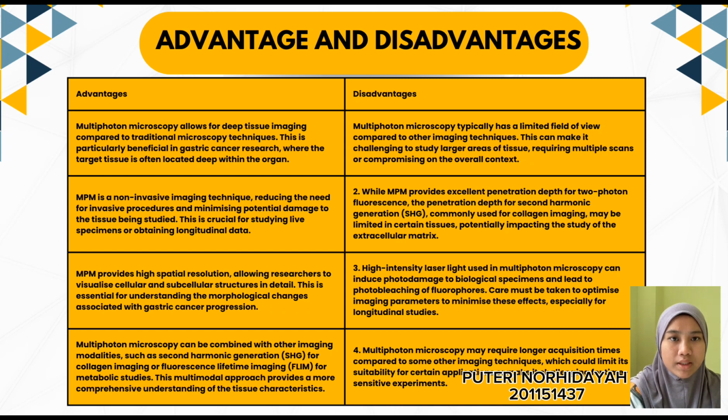Second, while NPM provides excellent penetration depth for two-photon fluorescence, the penetration depth for second harmonic generation (SHG), commonly used for collagen imaging, may be limited in certain tissues, potentially impacting the study of the extracellular matrix. Third, high-intensity laser light used in multiphoton microscopy can induce photo-damage to biological specimens and lead to photo-bleaching of fluorophores. Care must be taken to optimize imaging parameters to minimize this effect, especially for longitudinal studies.